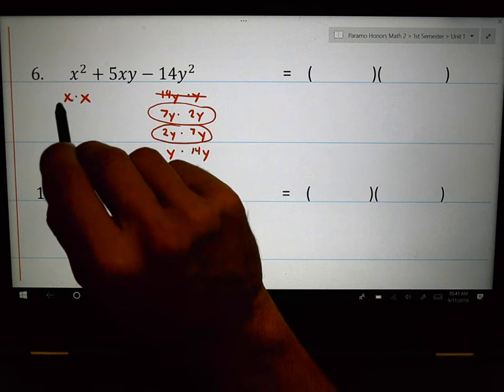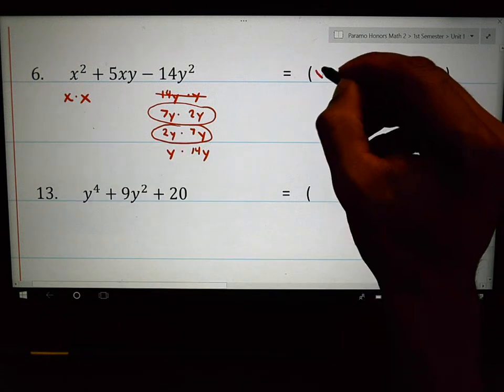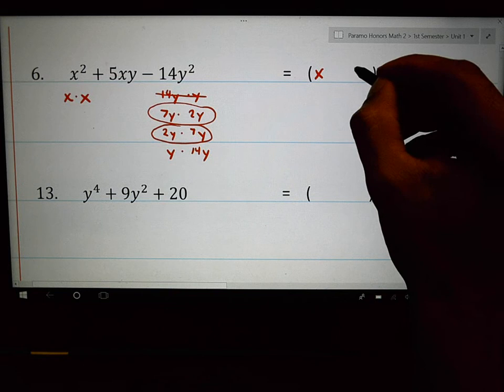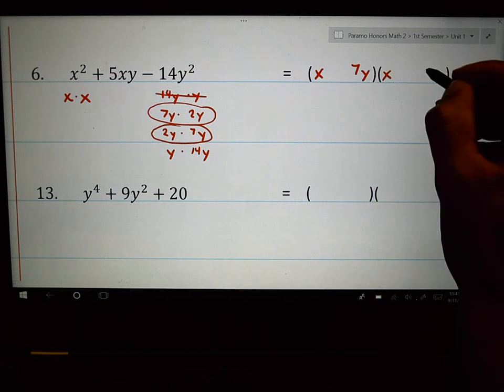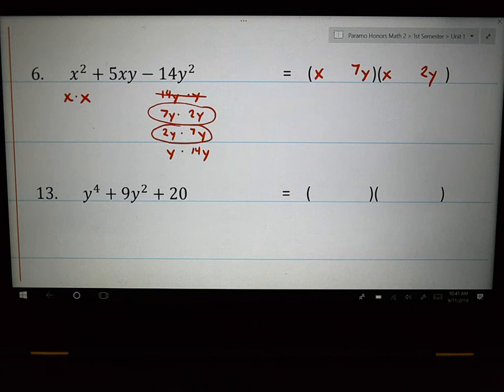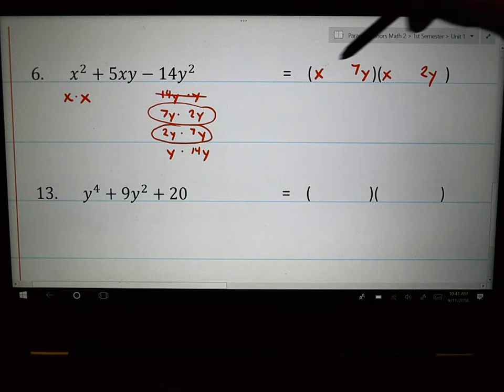I'm going to put the x's in the front. I'm going to put the 7y and the 2y like this. And what we really need to figure out is what are the signs that are going to be here. I have a 2xy and a 7xy.